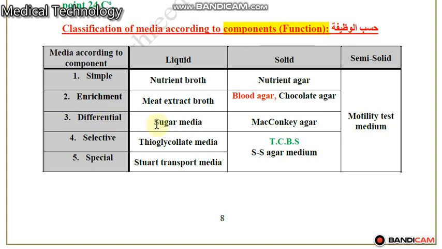Differential media like sugar media, MacConkey agar. Selective media like thioglycolate medium, TCBS for Vibrio, thiosulfate citrate bile salt sucrose, and SS agar.